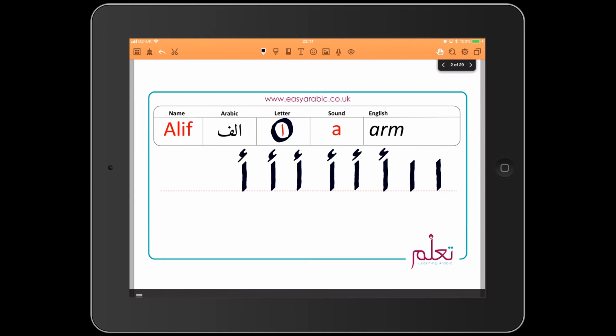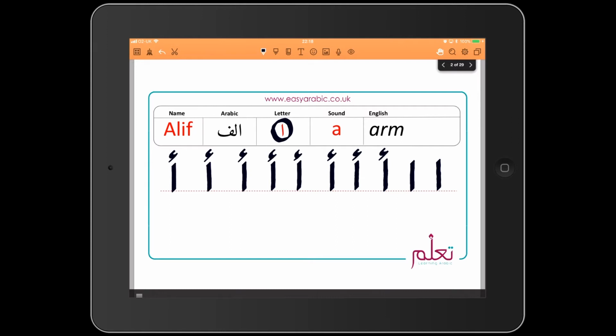What I would suggest is also go through and pronounce the letter as you write it. One more time, alif and hamza. Alif, a. It's just the letter sound that we make, a.